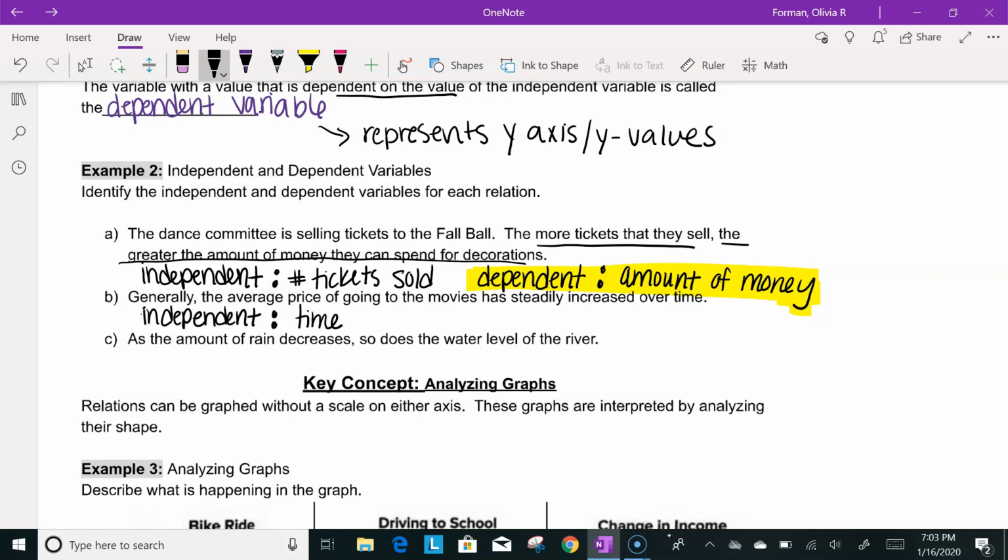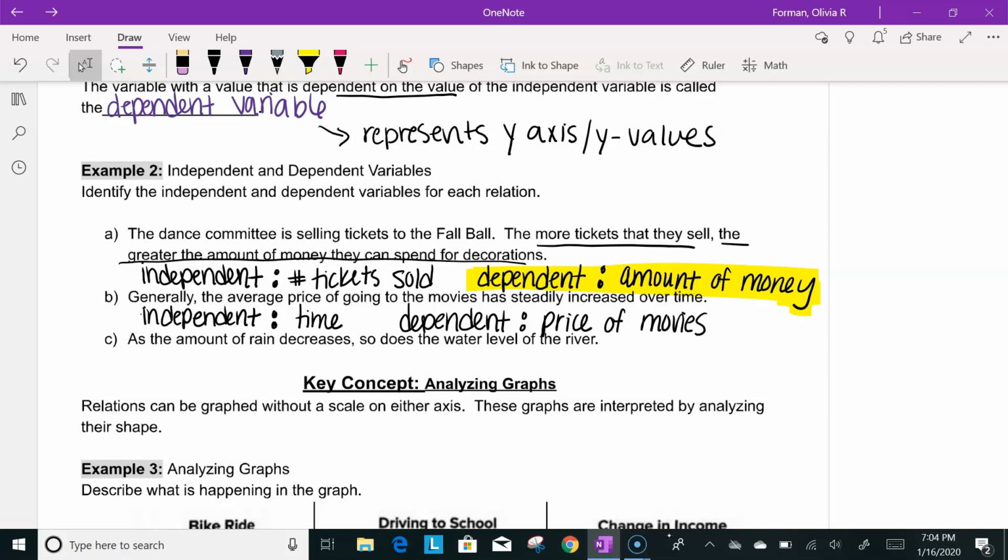So the independent is the time that's passing. The dependent would be the price of going to the movies. Again, that price changes based on that time passing. So as time goes on, the price changes and it gets increased, or it's increasing.